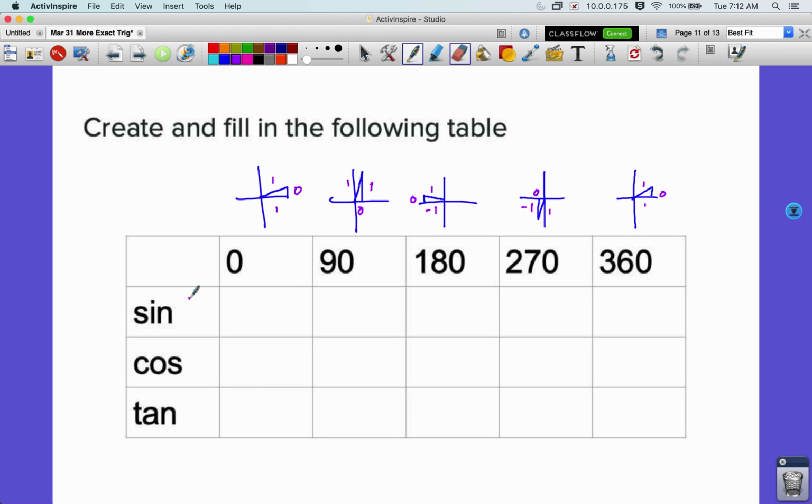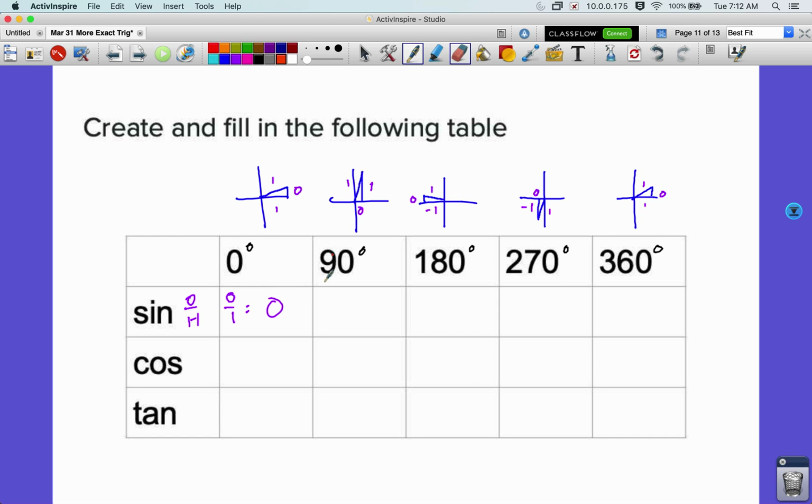All right, sine, opposite over hypotenuse. So 0 over 1, sine of 0 degrees is 0. So these are all degrees. Missing our degree markers. Add those in. All right, let's look at this one.